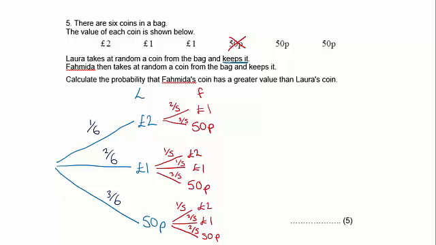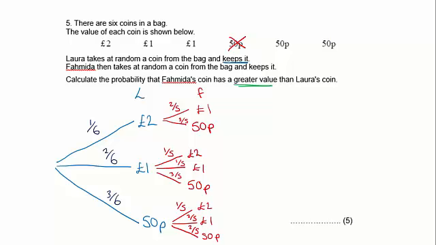So, we want to know the probability that Famida's coin has a greater value than Laura's coin. So in which situations will that happen? Well, if Laura picks out a £2 coin, then Famida's definitely going to have a smaller value. So none of those situations.